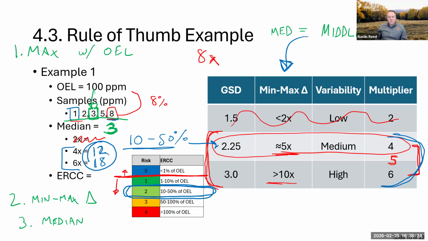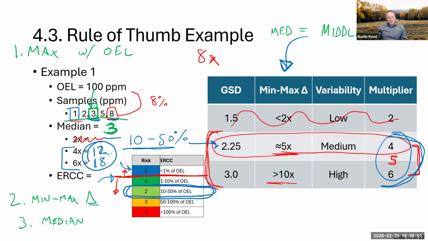So that's my category. I checked my max to make sure that I don't pick a category that's higher on the table than it. I looked at my variability to see my multipliers. I found the median, which was 3, and then I multiplied the median by my multipliers to see where I'm at.